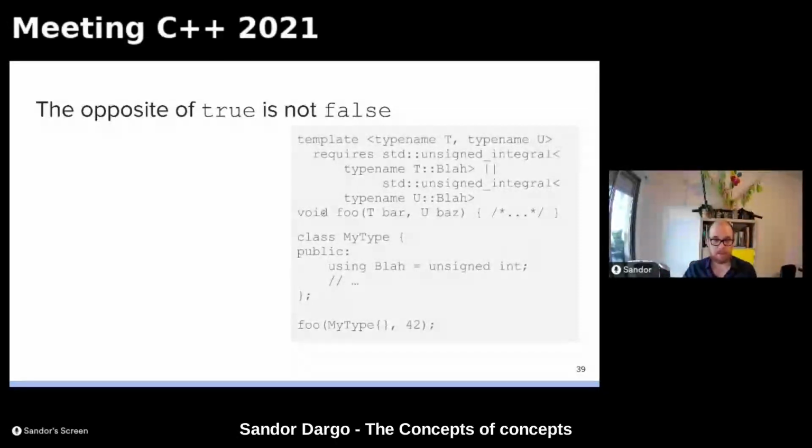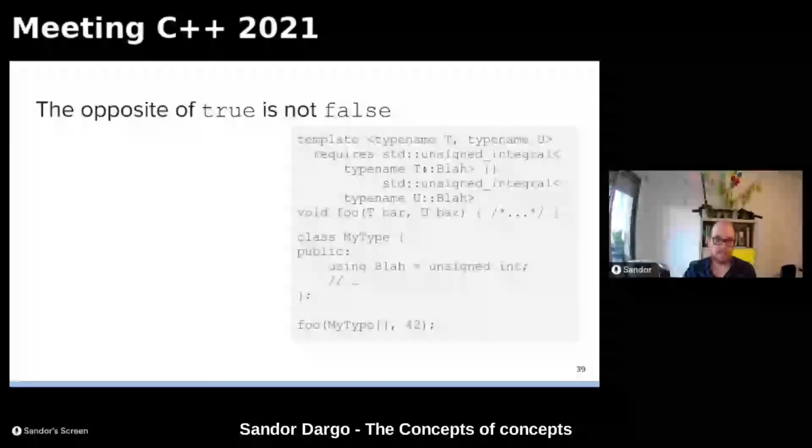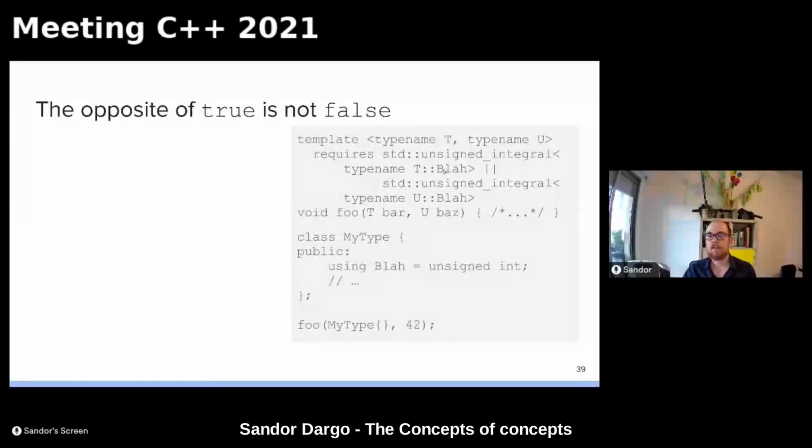So here we have another template function, foo, and it has two parameters, t and u. And in our requires clause, what we say is that either t should have a nested type blah that is unsigned integral, or u should have this blah that is unsigned integral.